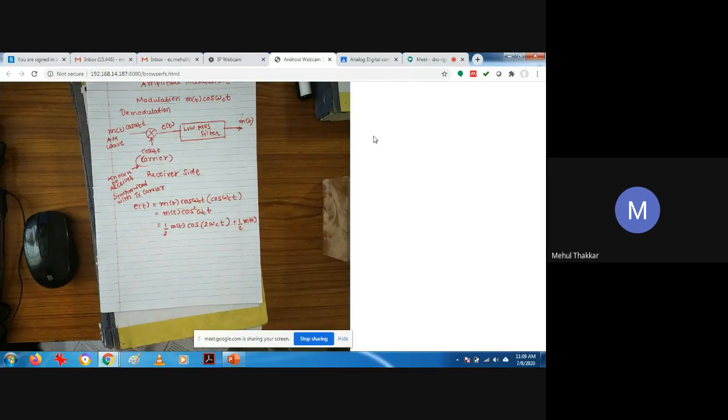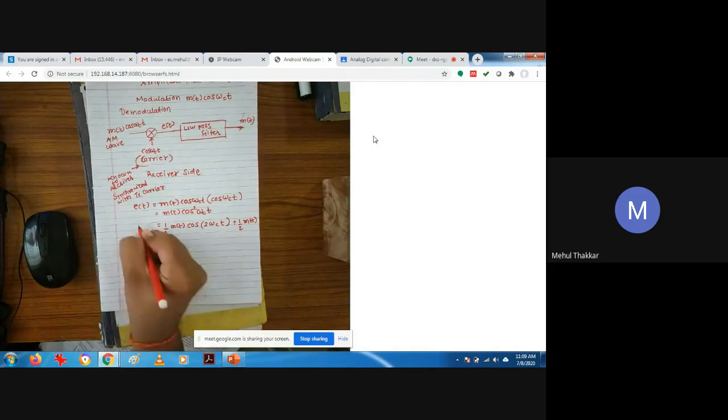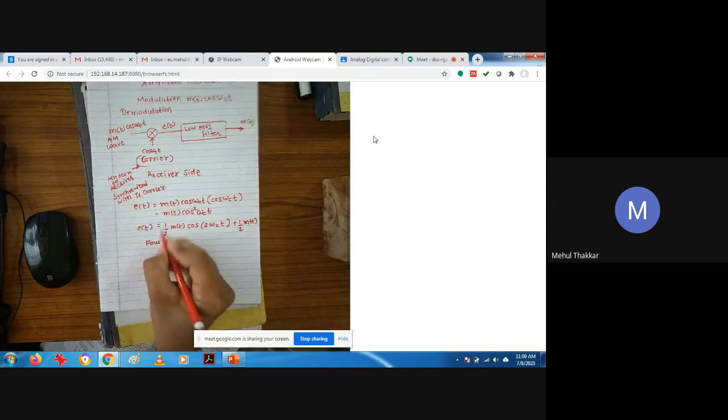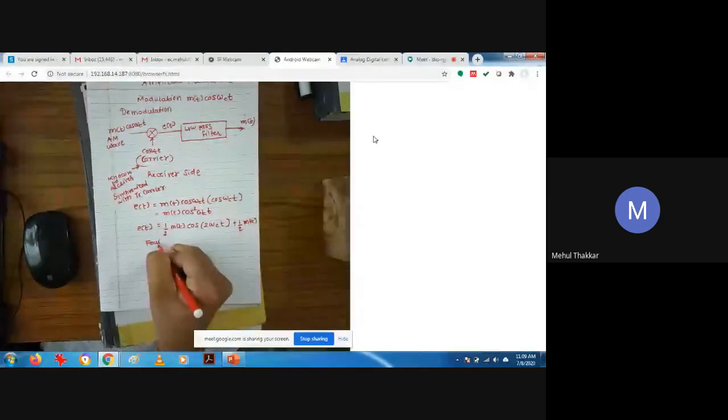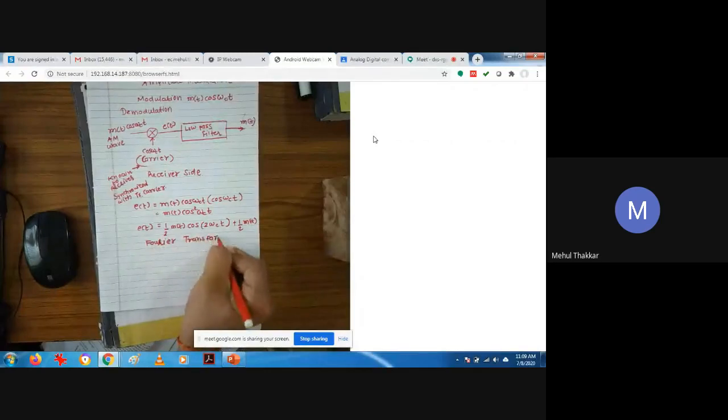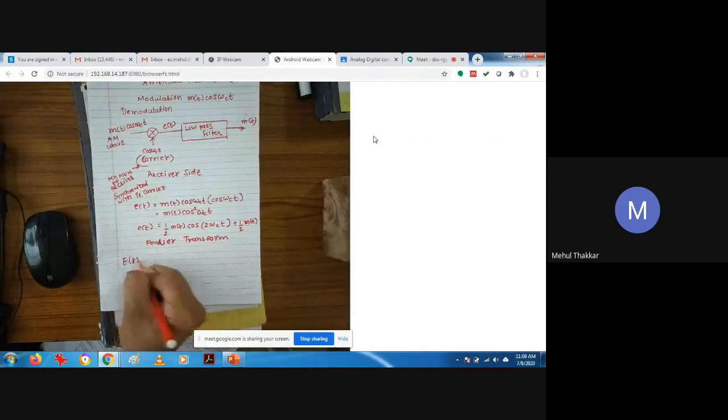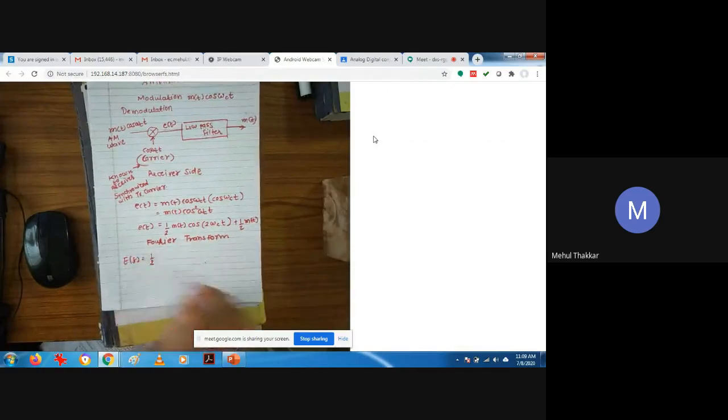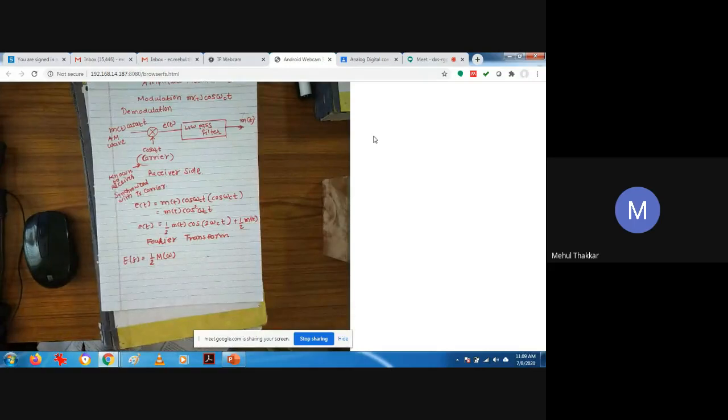Now this signal's Fourier transform, if I am taking. So taking the Fourier transform, the Fourier transform of this m of t, let's say in the frequency domain, is m of omega.